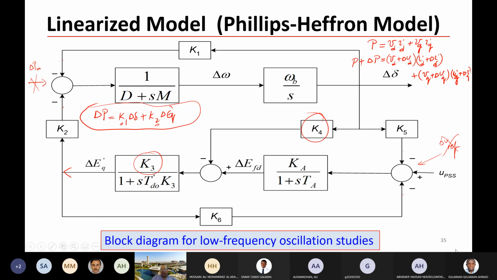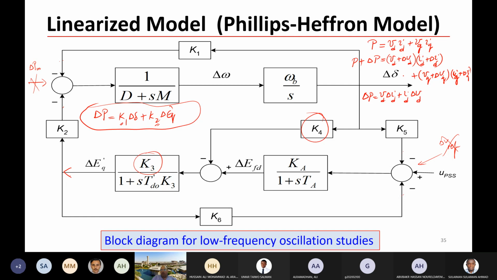So you can write delta B equal to Vd delta Id plus Id delta Vd. The term delta Vd times delta Id, assuming that this deviation is very small, we will neglect, the delta square.